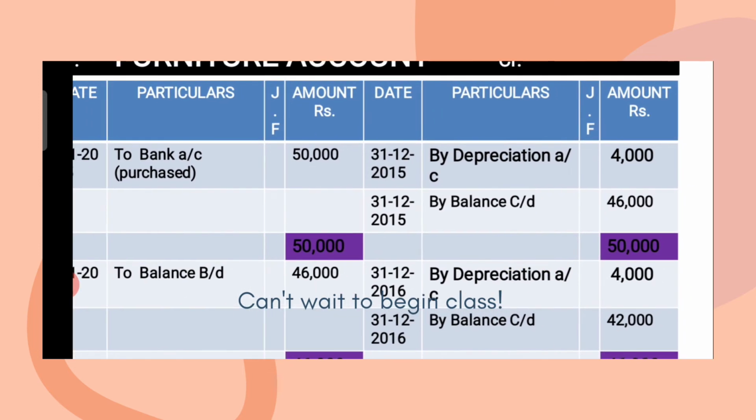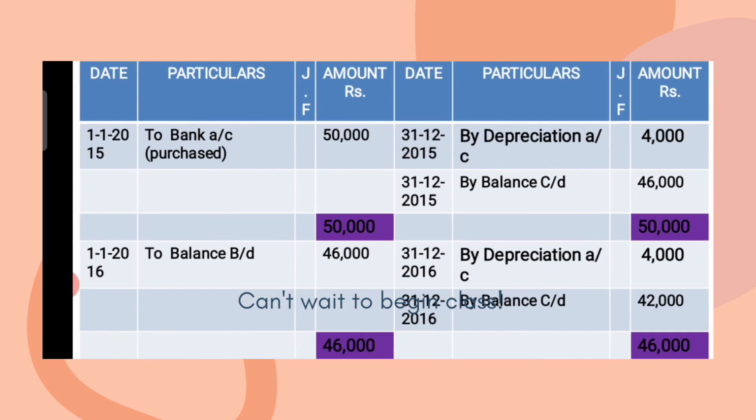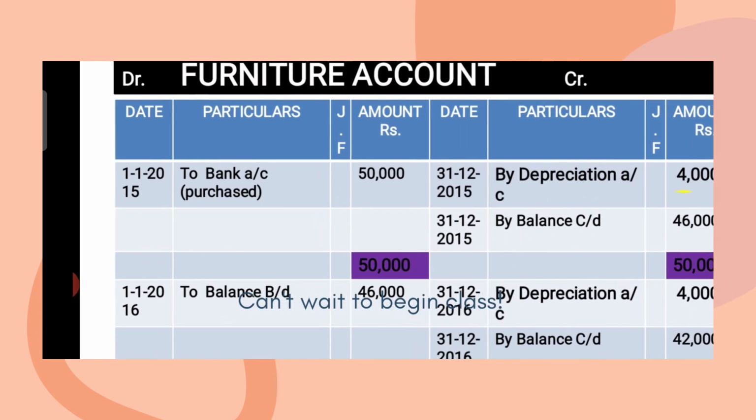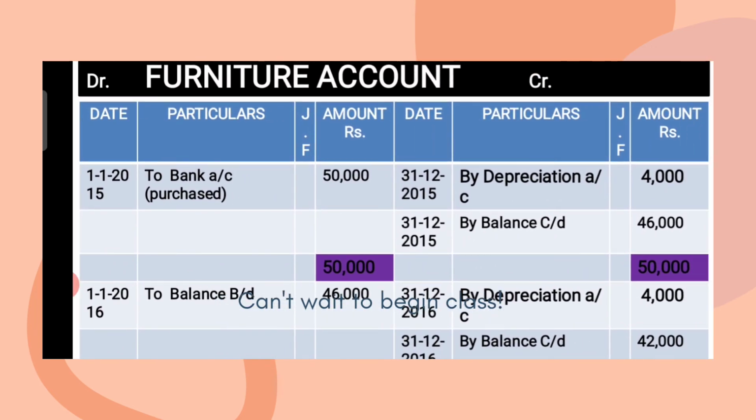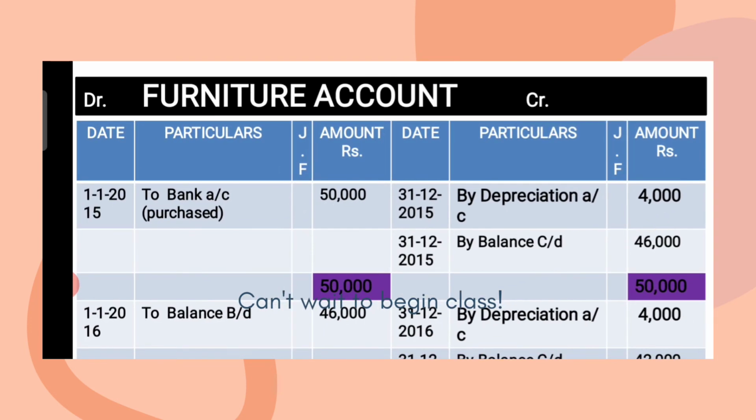At the end of the year, that is 31st December 2015, on the credit side in the particulars column we write by depreciation account rupees 4,000. From 50,000 we deduct 4,000, then you will get the difference amount, which is called the closing balance.